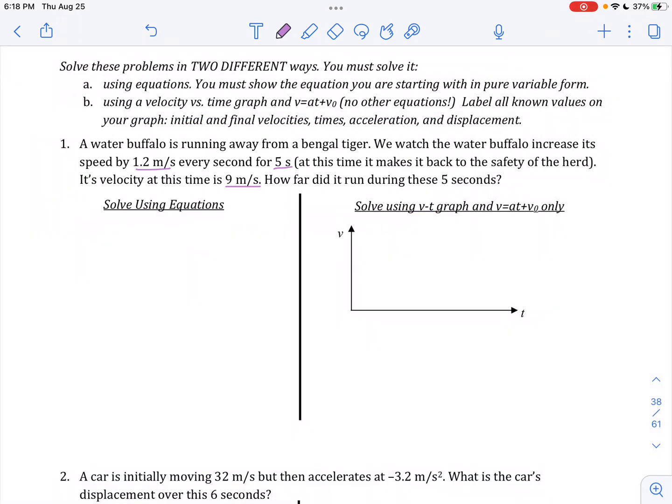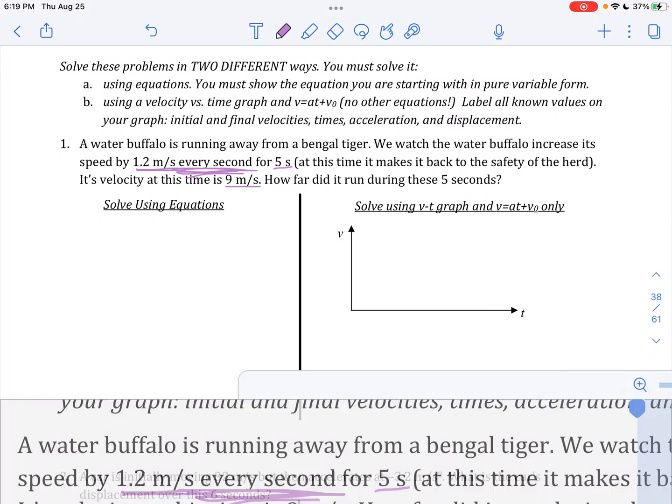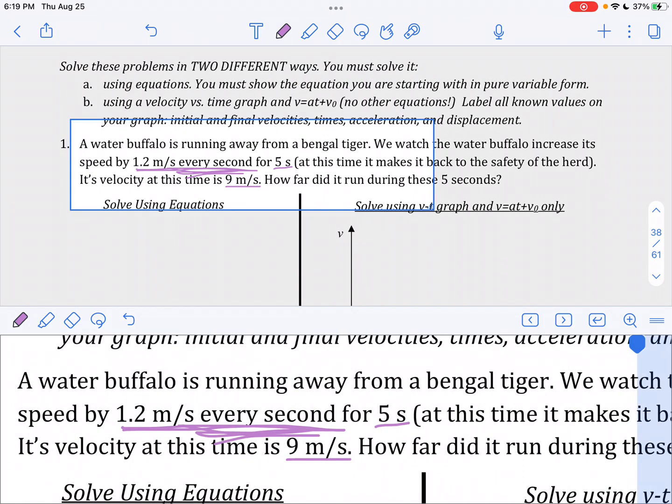We watch the water buffalo increase its speed by 1.2 meters per second every second. So when I read that, this seems like it would just be a velocity. But with every second there, that tells me it's 1.2 meters per second. So that's the acceleration.